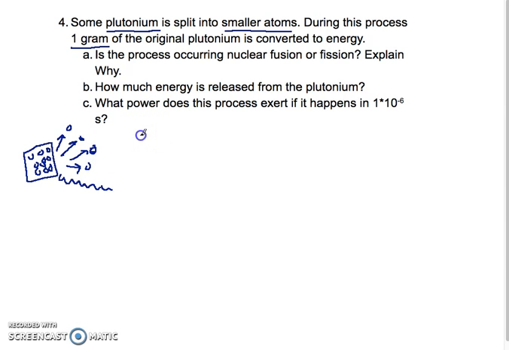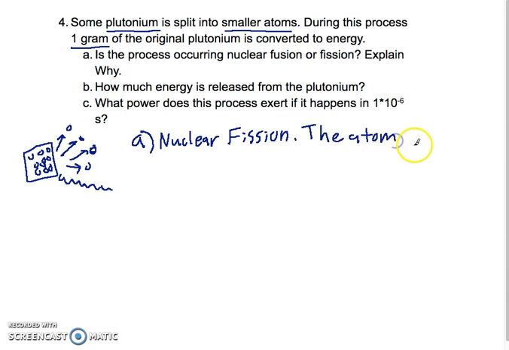The first thing it's asking is, is this fission or fusion? Nuclear fission, nuclear fusion. This would be an example of nuclear fission. The explanation for this would be that the plutonium atom, there might be several atoms, but you get the idea, is being broken down to release energy.